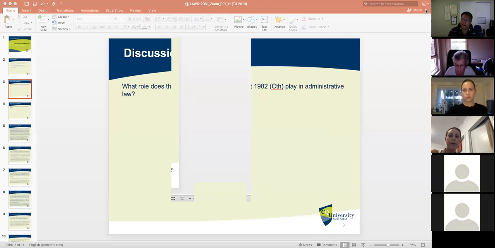If an individual is unhappy with the decision of the Information Commissioner, there is an opportunity to apply for review with the Administrative Appeals Tribunal. So there is that mode.